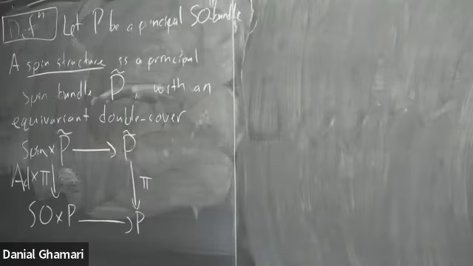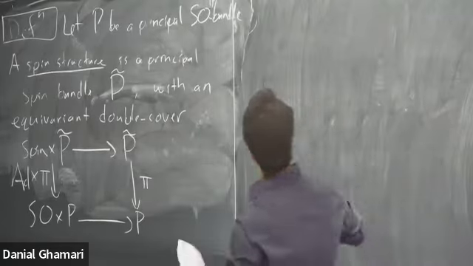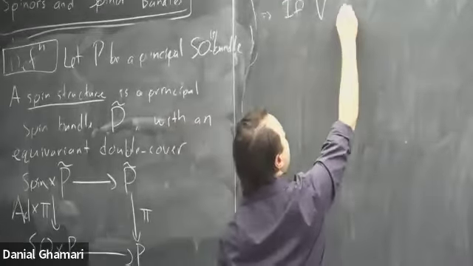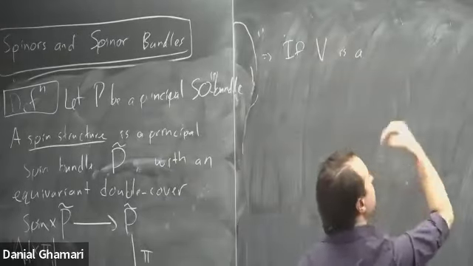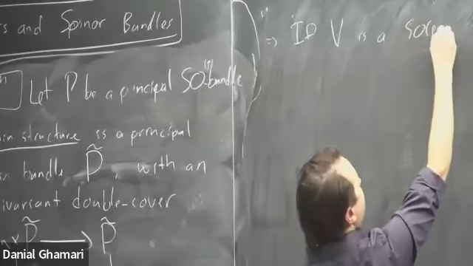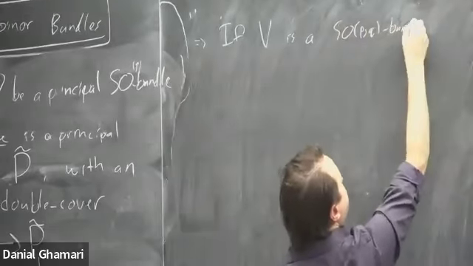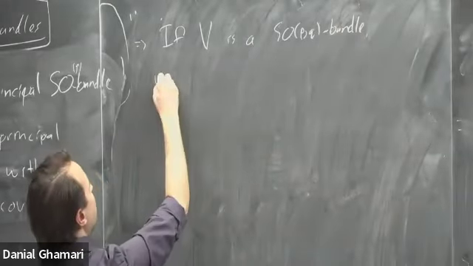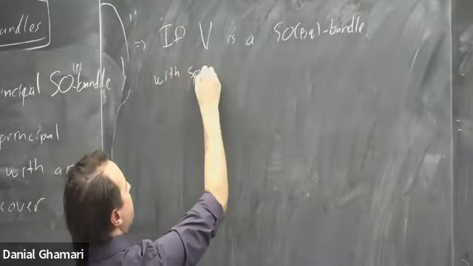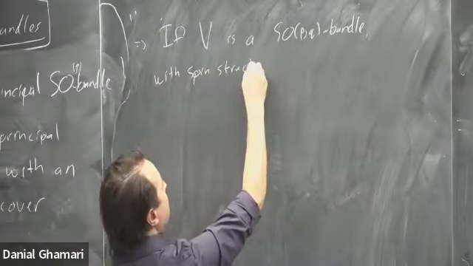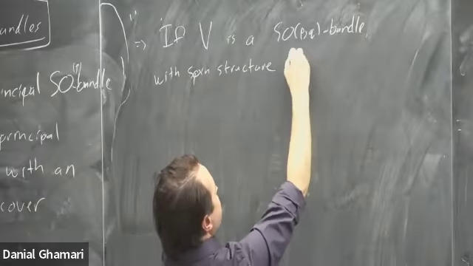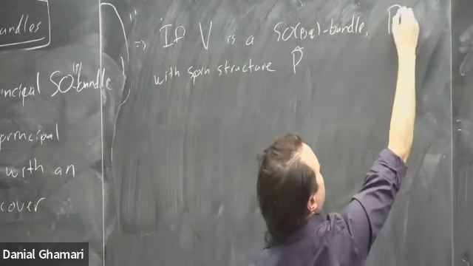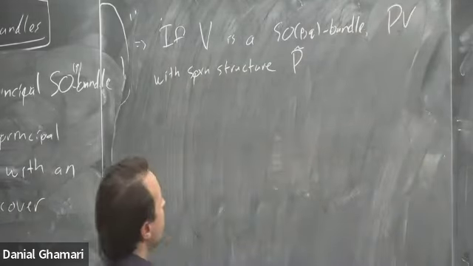Yeah. So then what we can do is this. If V is, let's say, an SO(p,q) bundle, with structure group SO(p,q), with spin structure, let's say P tilde again, and let's say this is the principal SO(n) bundle.